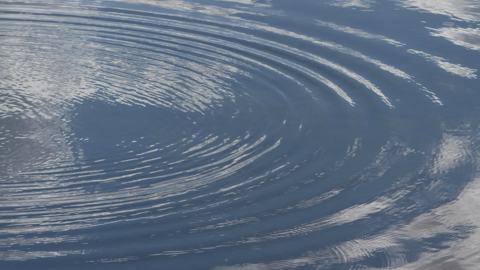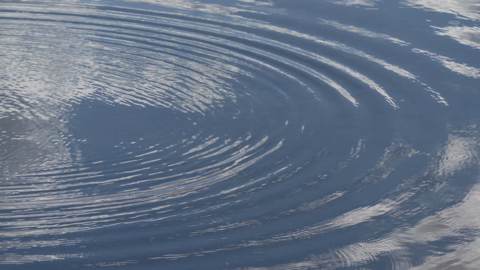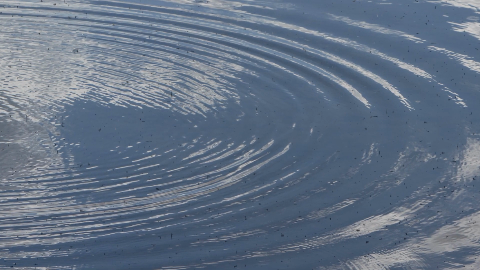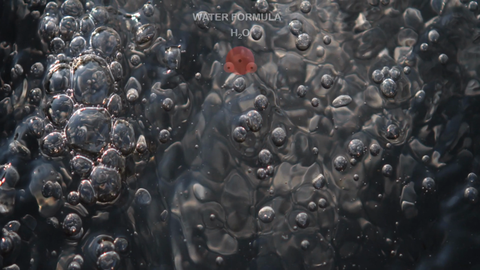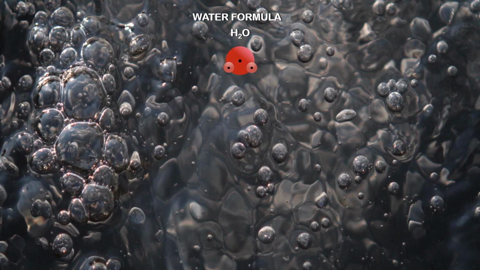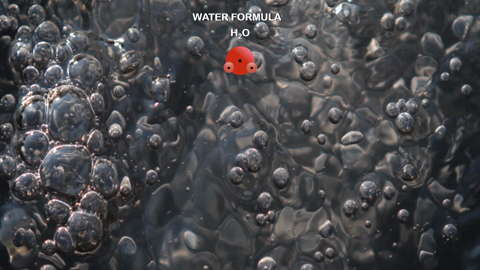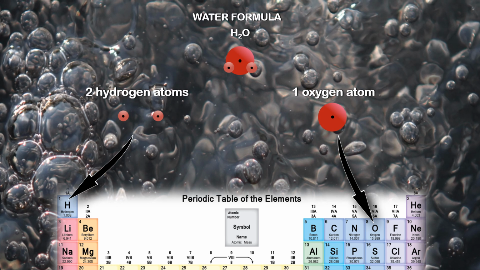First of all, because pH depends on the electrical nature of water, we must start with the properties of water at the molecular level. You all know that water has the chemical formula H2O and is formed from 2 hydrogen atoms and 1 oxygen atom.